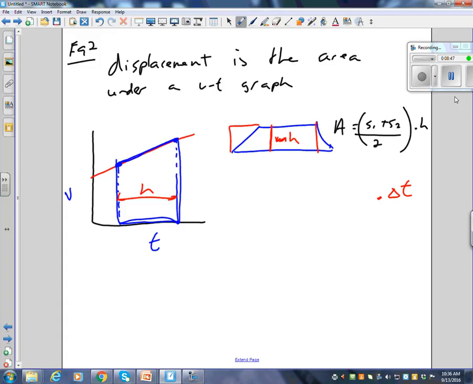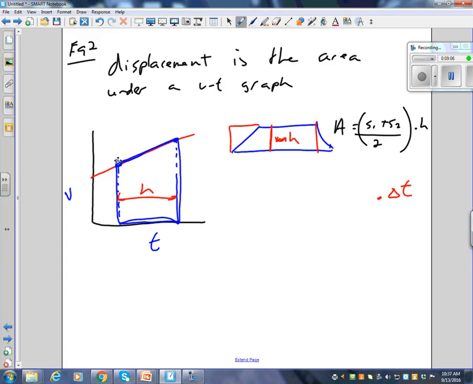Okay, so the h is replaced by the delta t. Now, we've got S1 plus S2 divided by 2, right? So the S1 plus S2 were these guys here, this top and this bottom, which are the same as this one here and this one here, and it's the average of those.